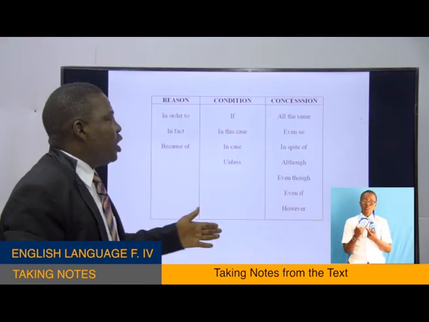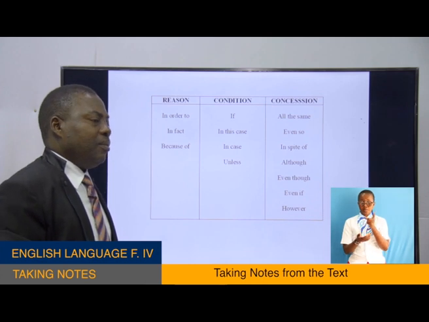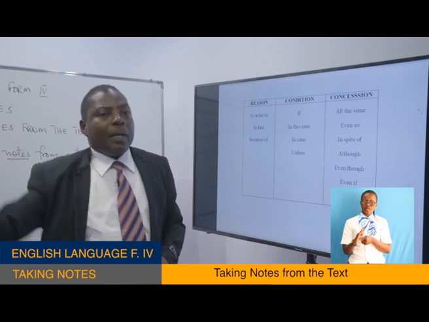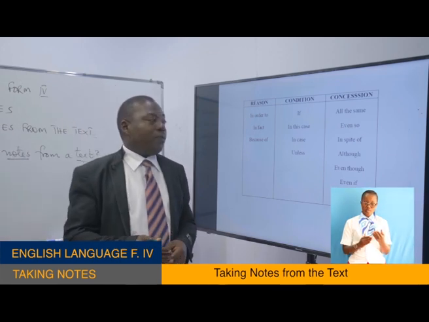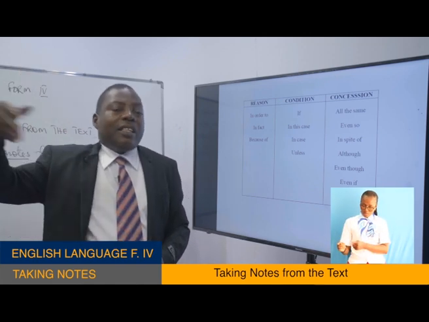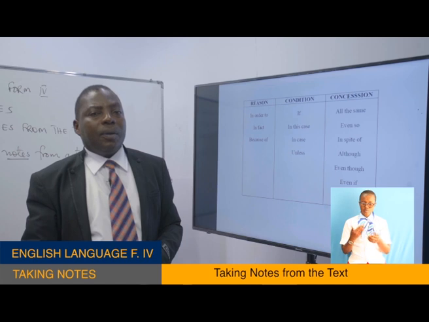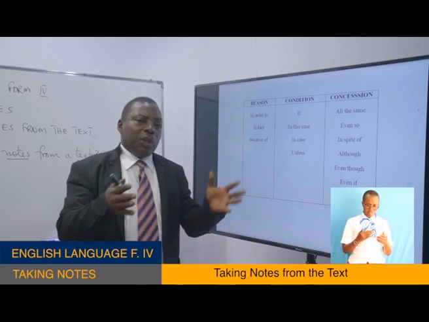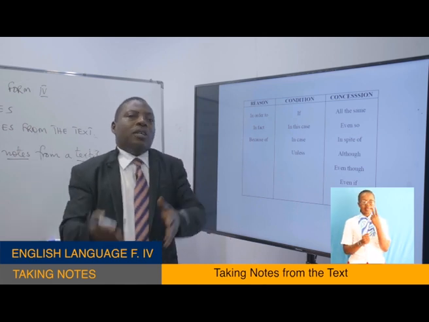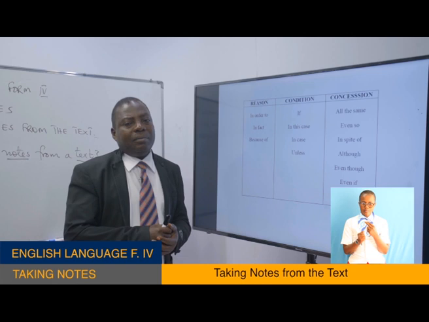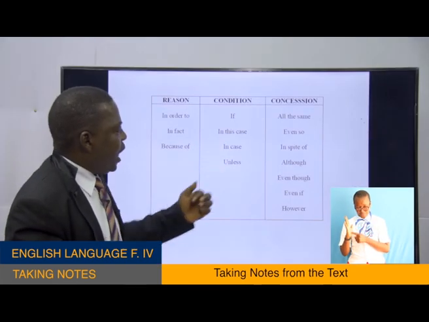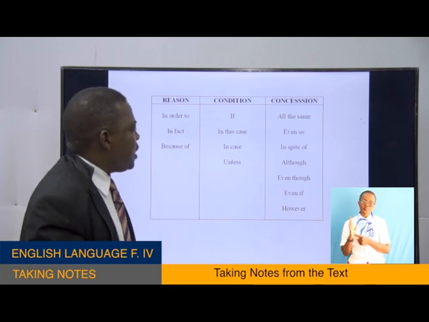You have these linking signals that show condition, that the happening of one event could either make the happening of another event, or could be the consequence of, or could be the reason for the other event not to happen. So sometimes you find two things happen, and one depends on the occurrence of the other one. Conditional: if, in case, in this case, unless.